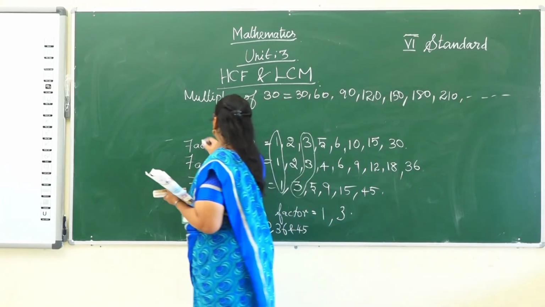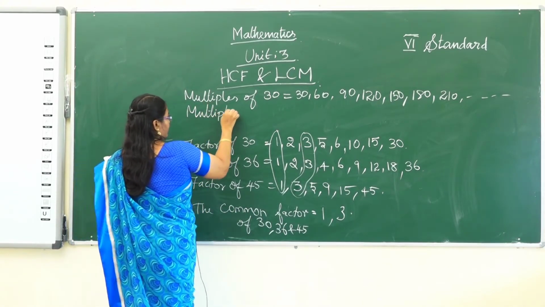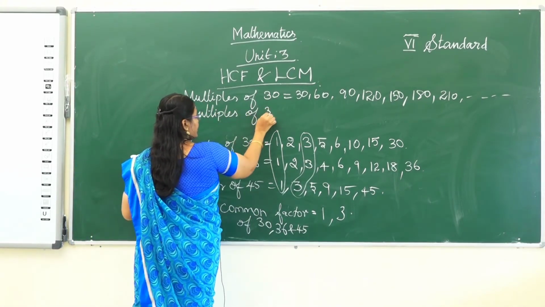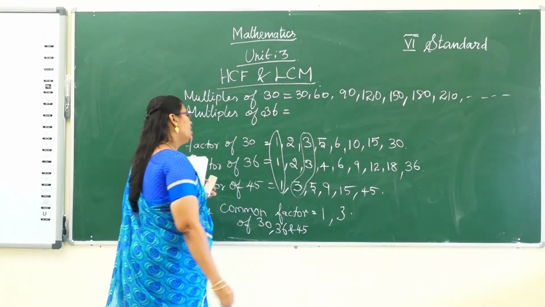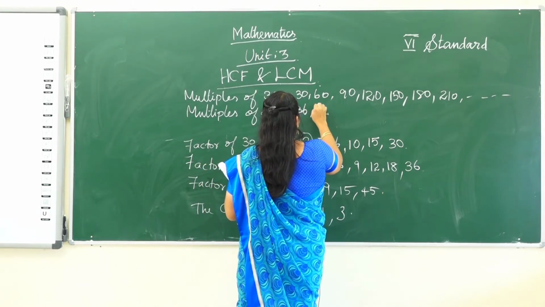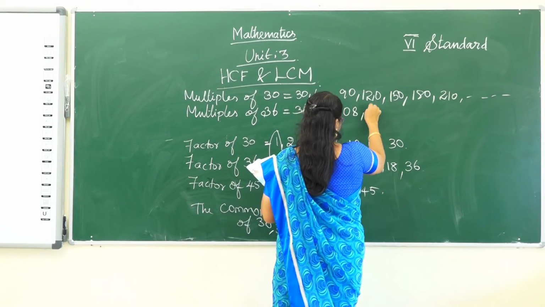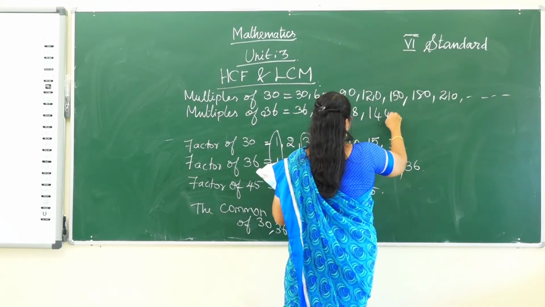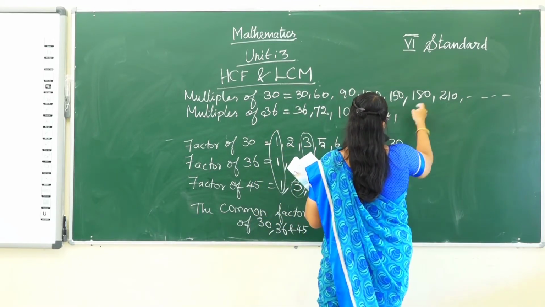And next, multiples of 36. Start from 36. Next one 72, and then 108, next 144, and then 180.